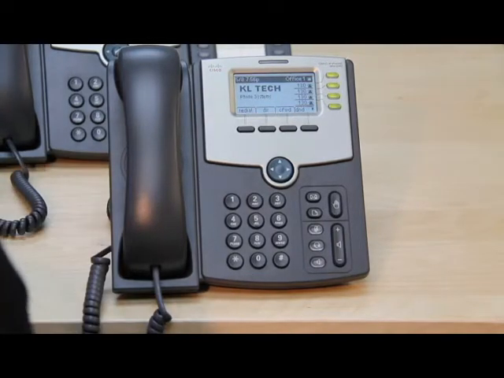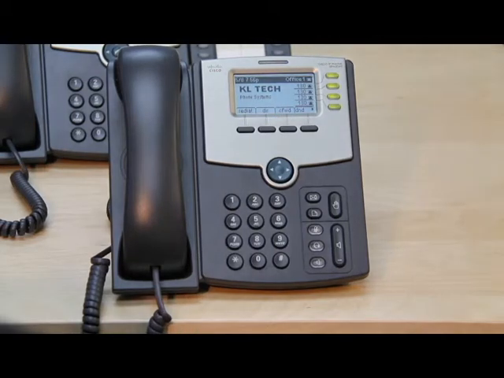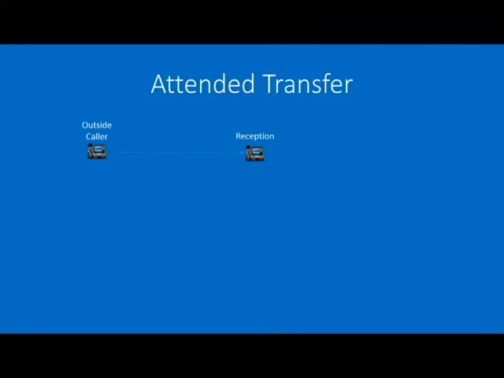Now the second type of transfer is the attended transfer. So in this example, again, we have an outside caller who calls in, receptionist takes the call, this person asks for a certain executive. We don't know if the executive wants to take that call or not. So we hit the attended transfer or XFR on the phone.